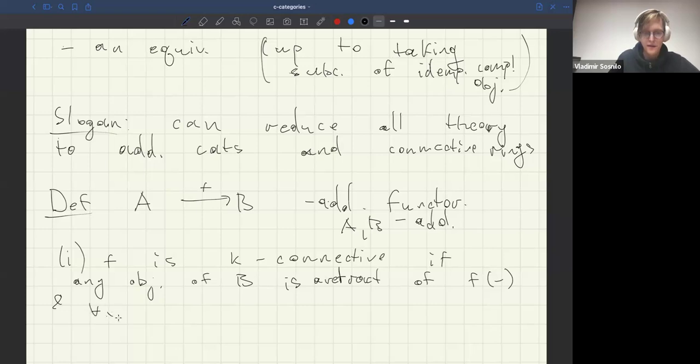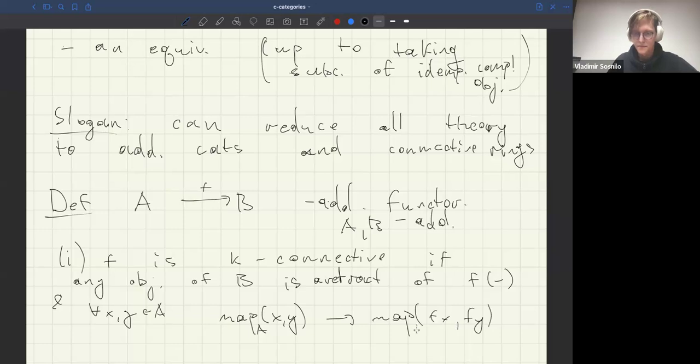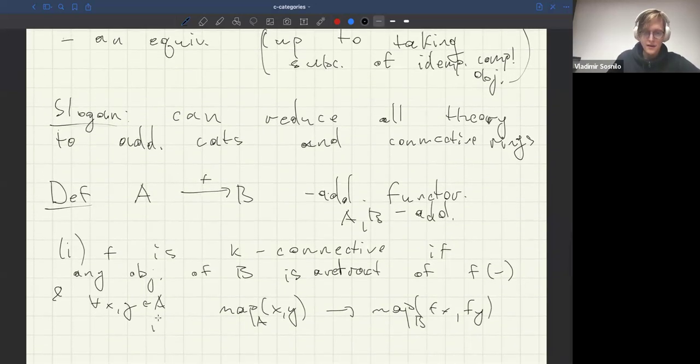That is, for any x, y in A, the map from map(x, y) to map(Fx, Fy) is K connective.